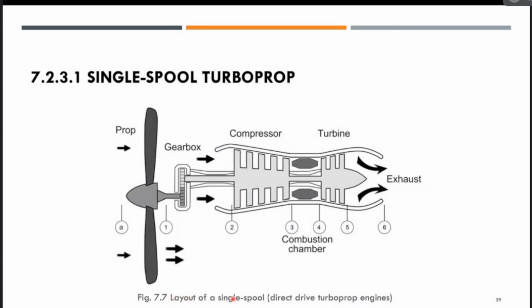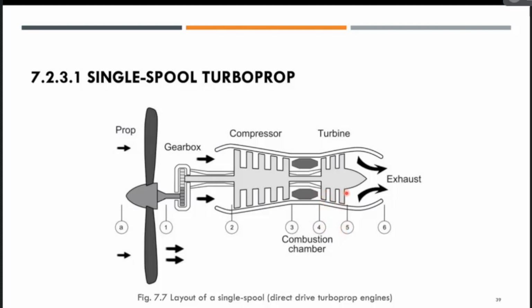Figure 7.7, layout of a single spool direct drive turboprop engine. Take note of the sections here: section A in front of the propeller, and then section 1 right after the propeller. Section 2 is basically the inlet of the compressor. Section 3 is the outlet of the compressor going into the combustion chamber, and section 4 is after the combustion chamber going into the turbine.